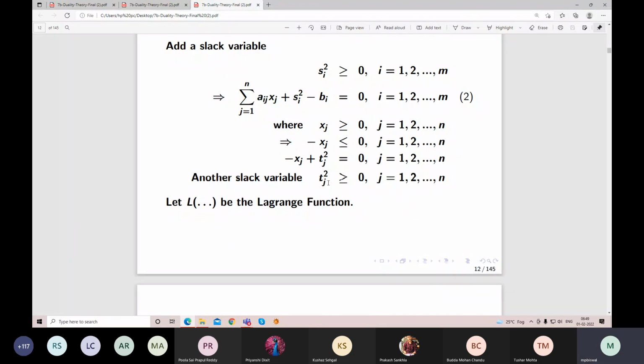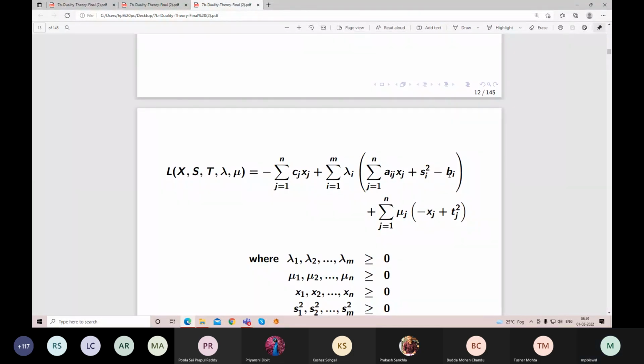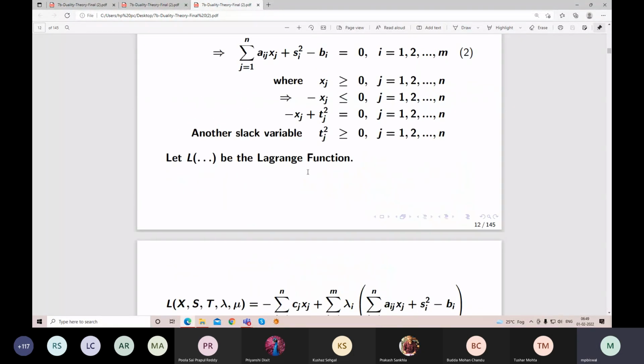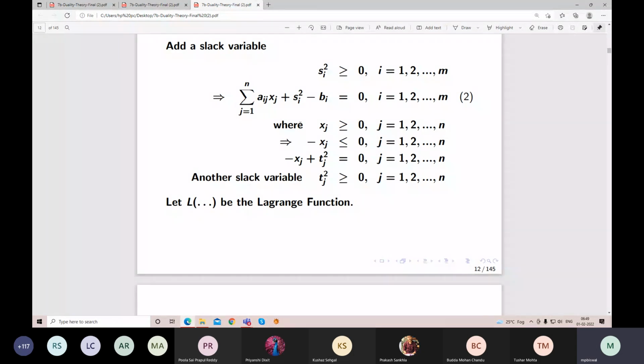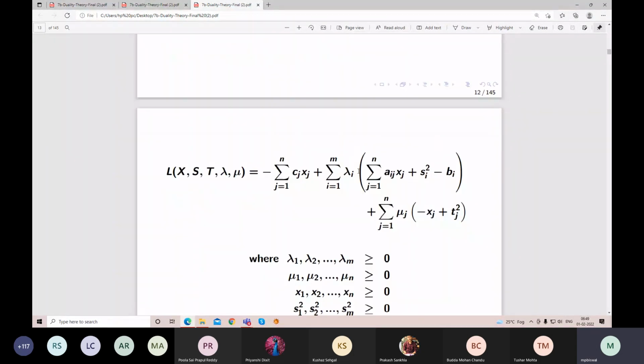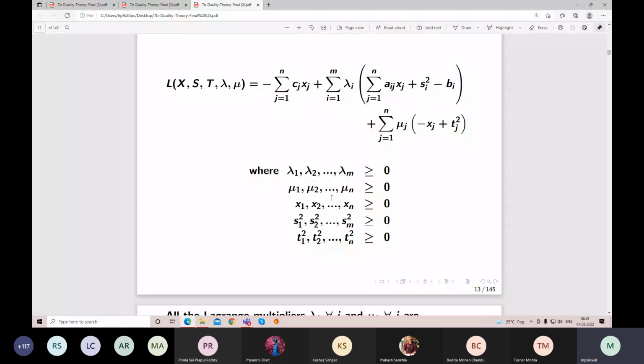Now if I am counting how many variables there are: si, m in number; xj, n in number; tj, n in number. And with respect to the constraints, we have the multipliers, lambda and mu: lambda m in number, mu n in number, total m plus n.